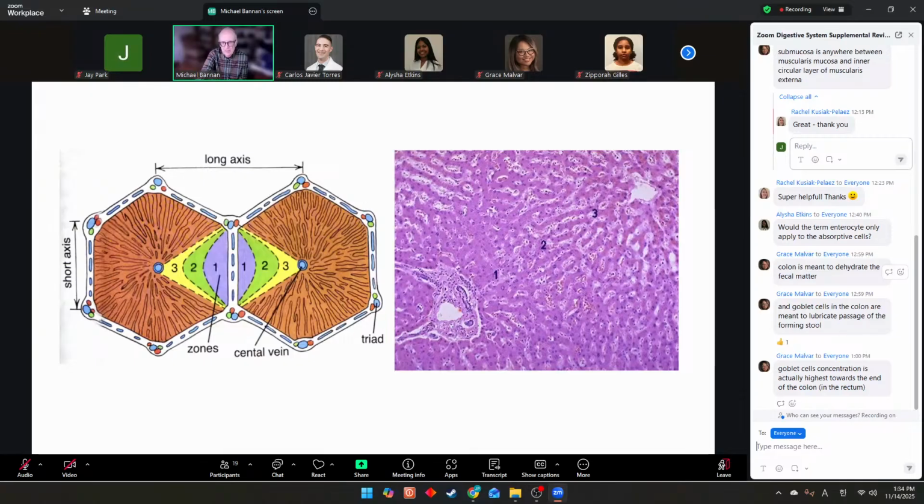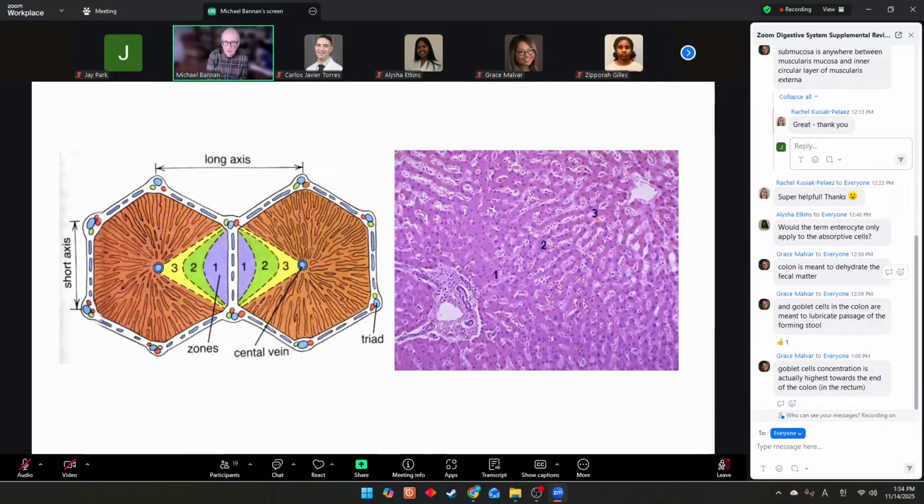So the hepatocytes in hepatic acinar zone 1 have the most oxygen and the most nutrients. The hepatocytes farthest away from the portal area in hepatic acinar zone 3 have the least oxygen and the least nutrients.